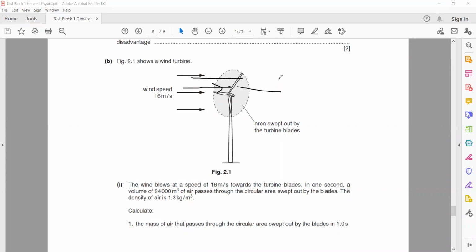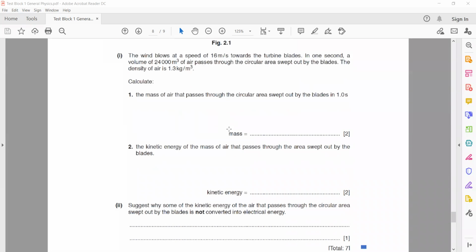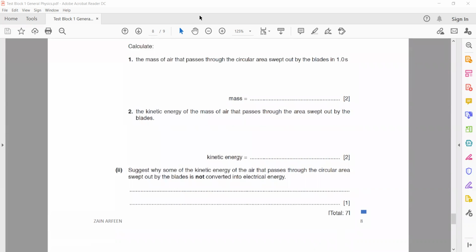Some of the air particles without having contact with the blade will move through. So some of the particles will pass through without contact with the blade.